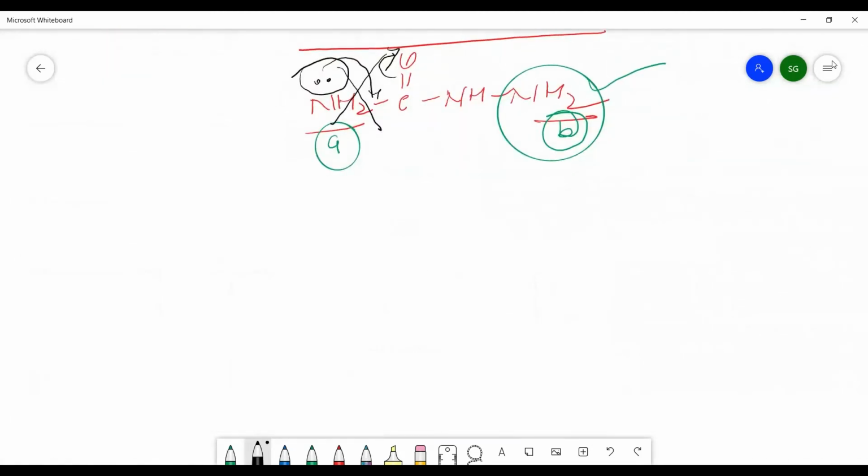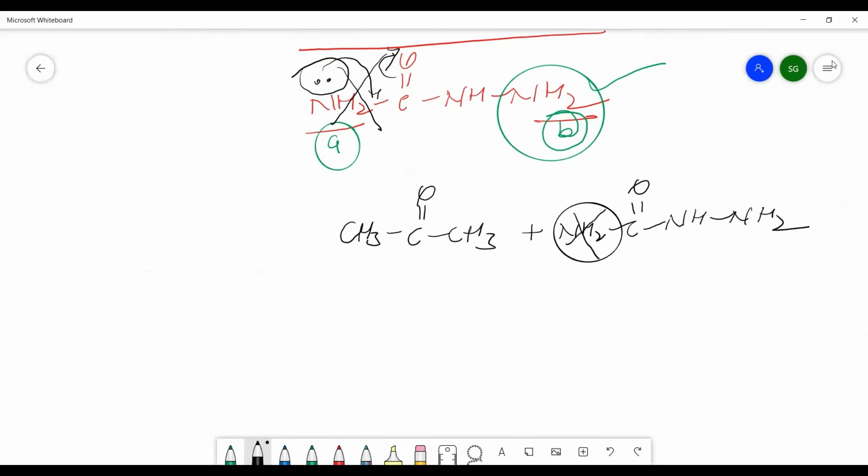So, suppose you have an aldehyde or ketone, whatever you can take, and you are adding the semicarbazide NH2. If you attach it, this group will not go into the reaction. This group will undergo the reaction and you will get such a product, that is CH3 double bond N NH C double bond O NH2.